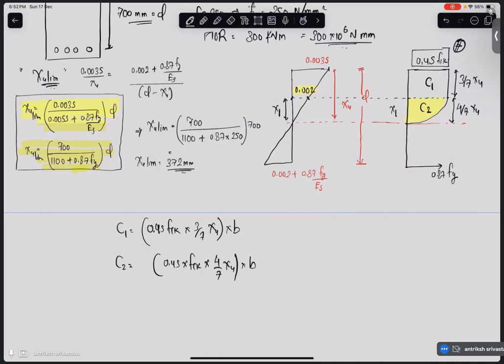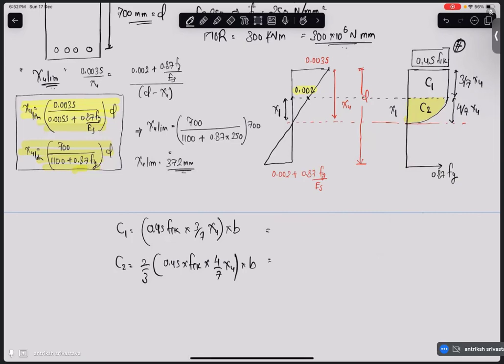Now since it is the rectangle, we know from our geometry class that if this is the parabola, its area can be approximated as 2 by 3 the area of this particular rectangle. So we have calculated the area of this rectangle. Now we multiply this by 2 by 3. So this is going to be your C1, C2.